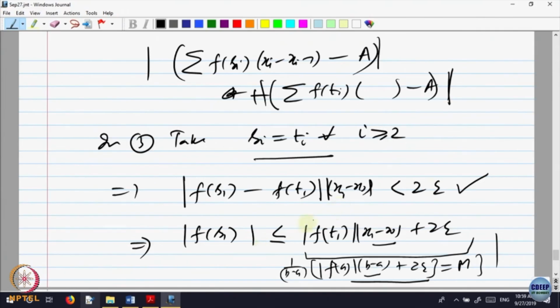Because this will not give you this directly, you have to divide by x1 minus x0, right? So this is not correct. We should have x1 minus x0 multiplied by this is less than or equal to this quantity. So you'll have 1 over x1 minus x0. Can I bound that with something?